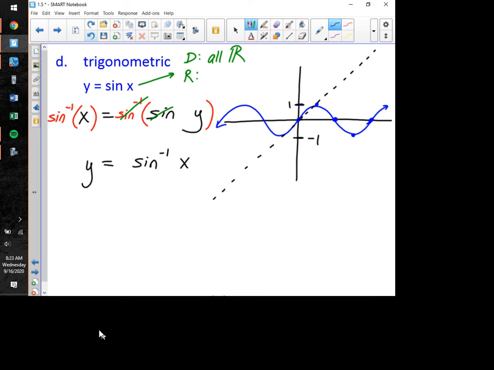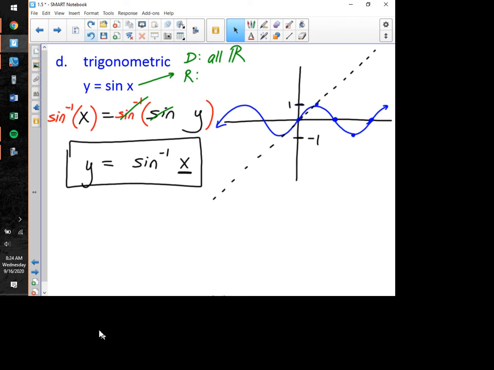Now, when we go to evaluate y equals the inverse sine of x, remember that whatever number we are given to put in for x now, that isn't an angle, that's now the ratio itself. So you can answer the question, what is the inverse sine of 0? Because there are infinitely many angles that have a sine ratio of 0, such as 0, such as pi, such as 2 pi, and so on and so forth.